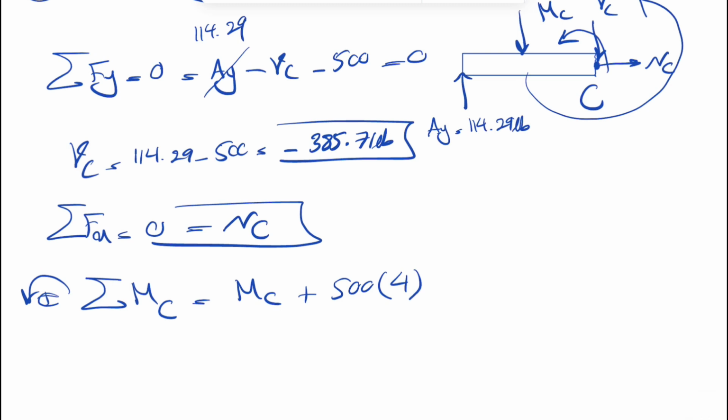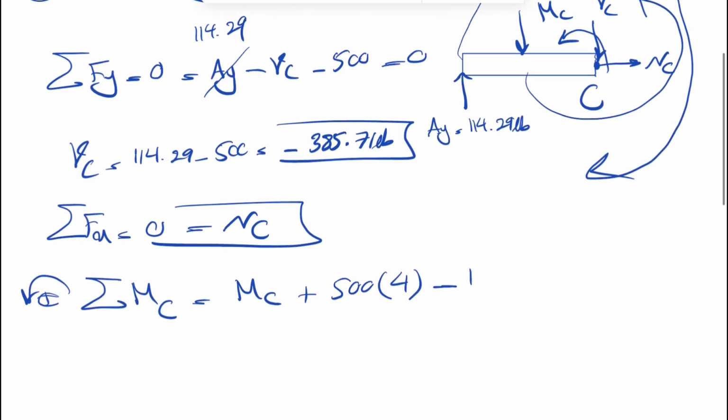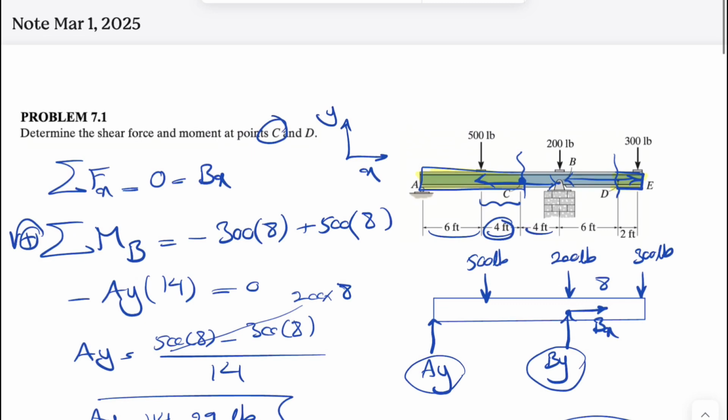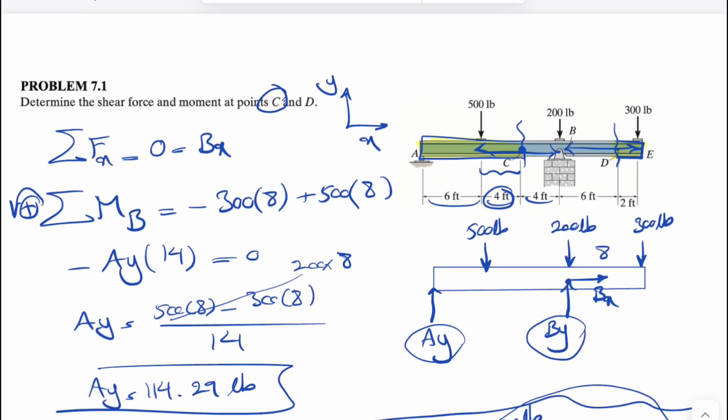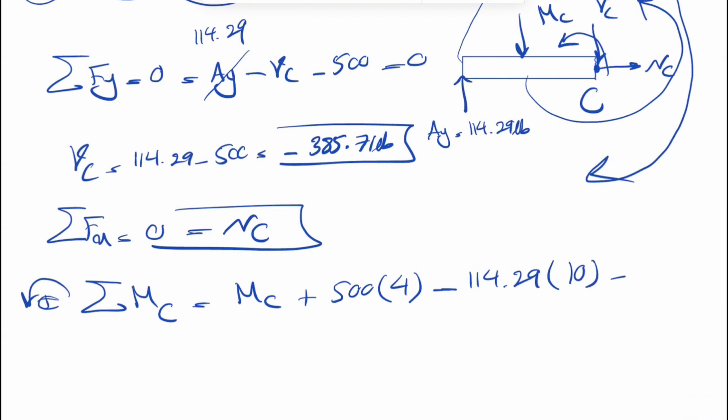And we have the moment of AY, which is clockwise. So this is going to be the moment of AY, clockwise negative, minus 114.29 times the distance from A to C, which is 4 plus 6, or 10.